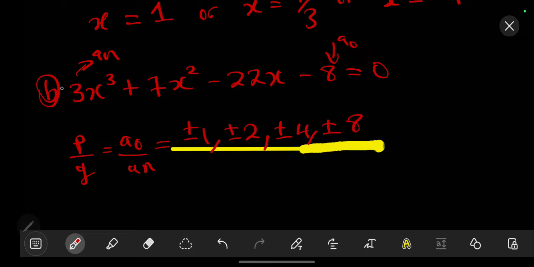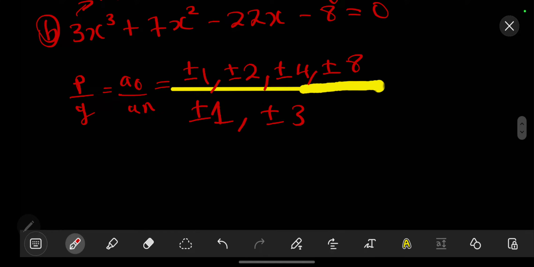Then let's look at the an. We have plus or minus 1, or plus or minus 3.